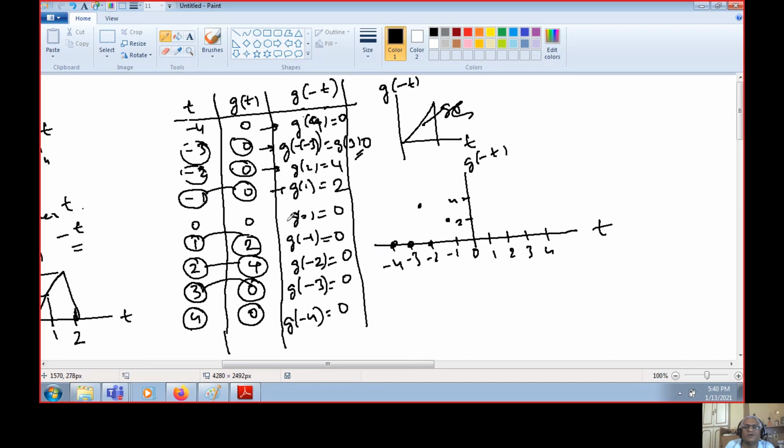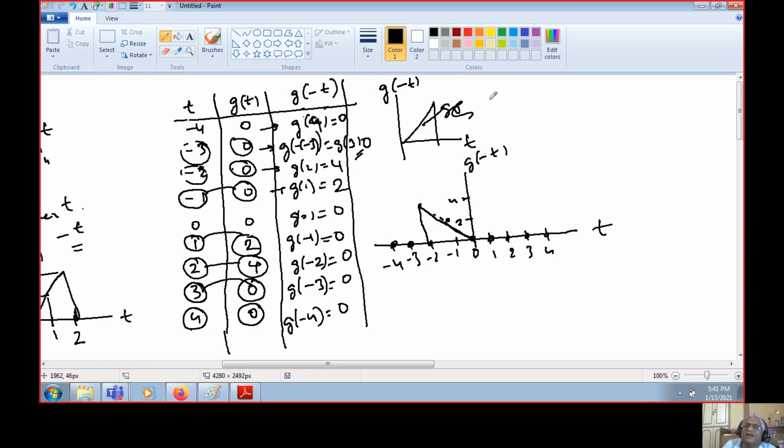And at 0, it is equal to 0. So this is reducing like this. Okay. Now this is the shape. Then at t equal to 1, it is 0.